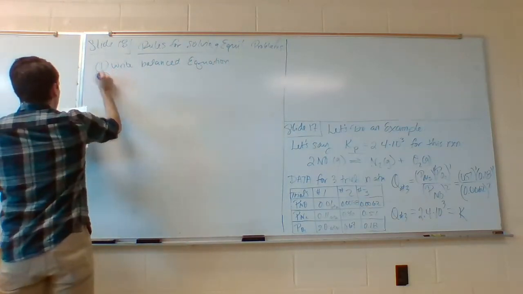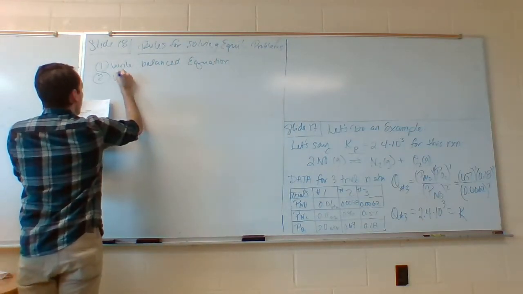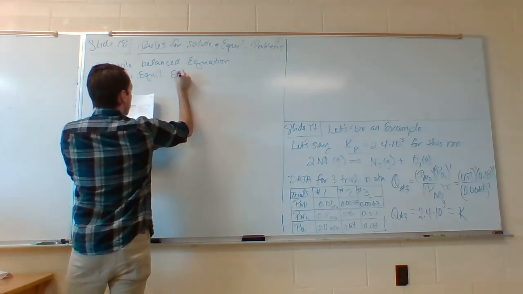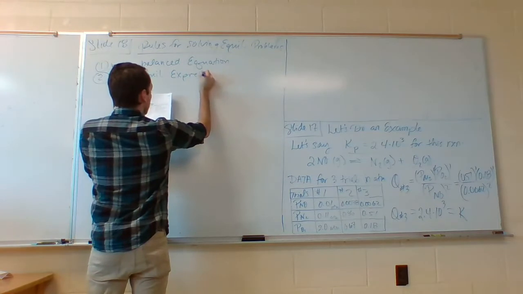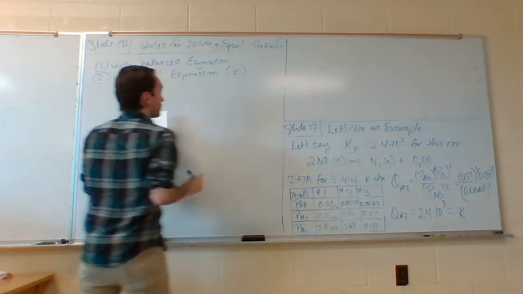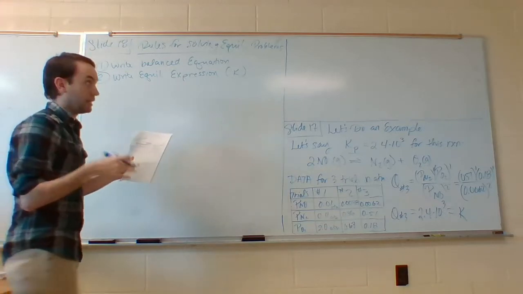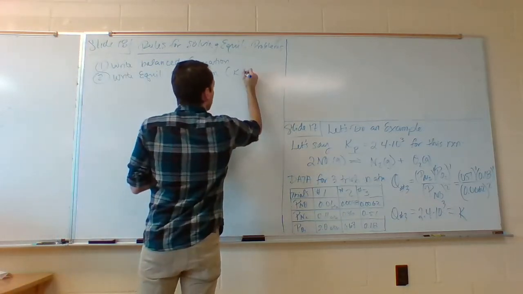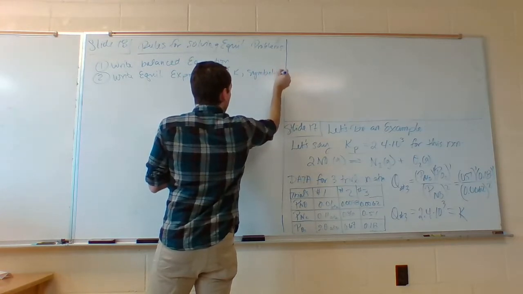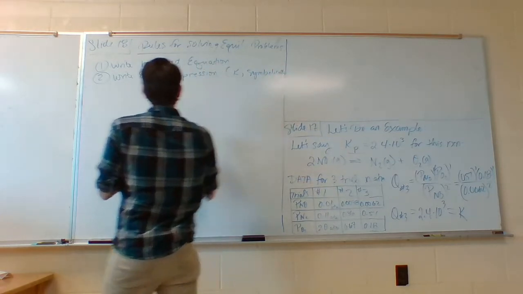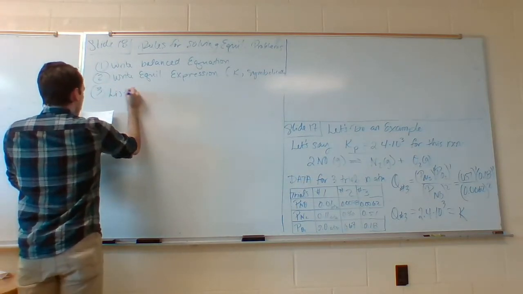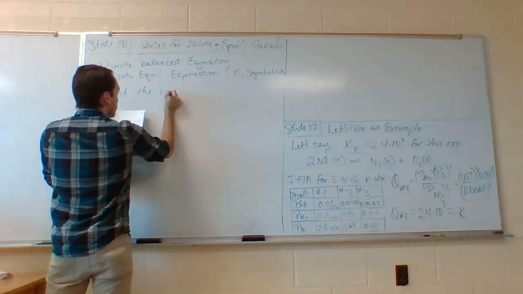The second thing that you're going to do is write the equilibrium expression. Okay, that's going to be like your K, symbolically. All right, the next thing is going to be to list the initial concentrations.